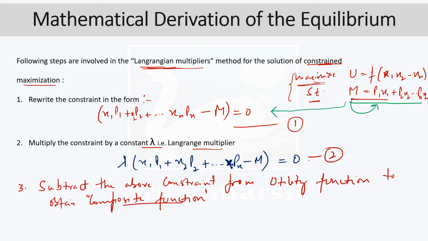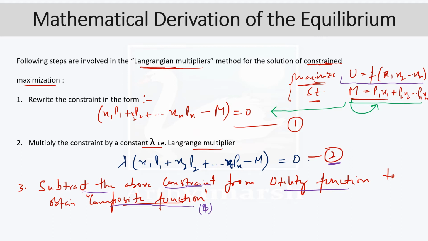So what we are emphasizing here is that we are going to subtract the constraint. Which constraint? Constraint 2, equation 2. We are going to subtract this from the utility function. What was our utility function? It is this. So we subtract this and obtain the composite function, which we will denote as phi.